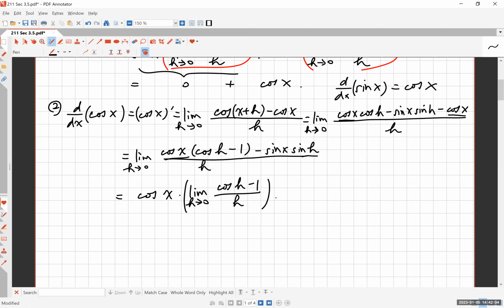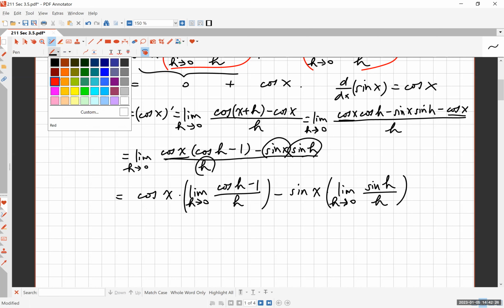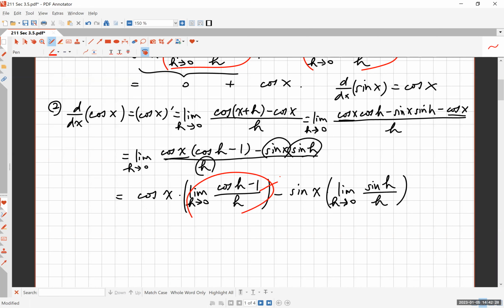This should look familiar. And then minus sine of x, again, does not involve any h, so you can take it in front of the limit as h approaches 0 notation. And what you have left is sine of h over h. Okay, so that's this over that. No problem here. You have seen this, that's 0. That limit is equal to 1.